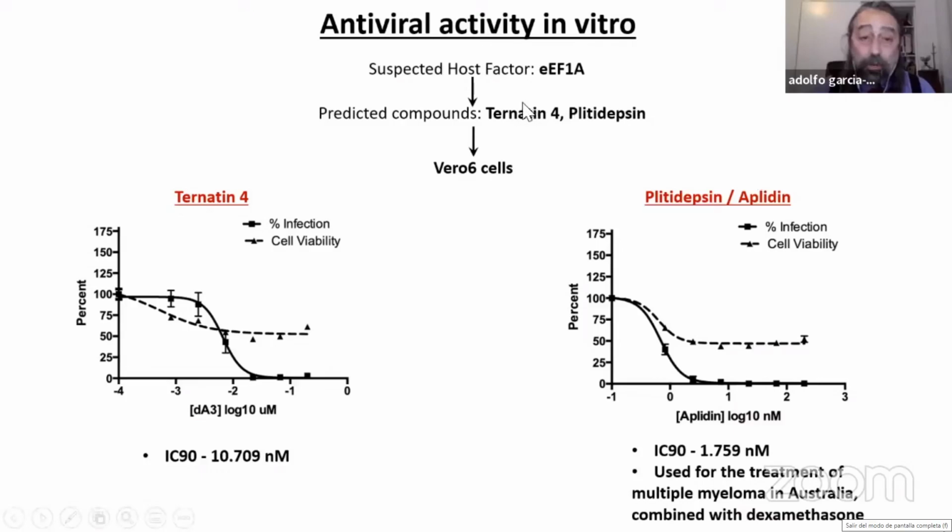Ternatin-4 was able to inhibit viral replication with an IC90 of 10 nanomolar. Now, inhibitors usually are believed to be good when they work at micromolar or submicromolar concentrations. So these nanomolar concentrations are even 1,000 times less than when one looks for a good inhibitor. That means it's a very potent inhibitor.